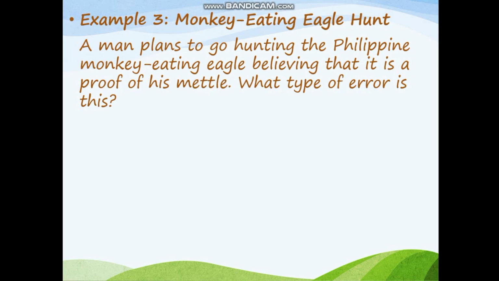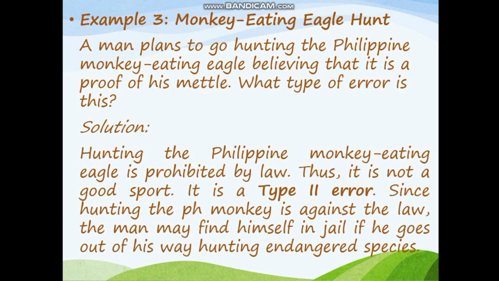So instead of rejecting that myth, kasi paniniwala lang yun without any proof naman. So, this is an example of type 2 error. Kasi instead na i-reject niya yun, ay ina-accept pa niya.